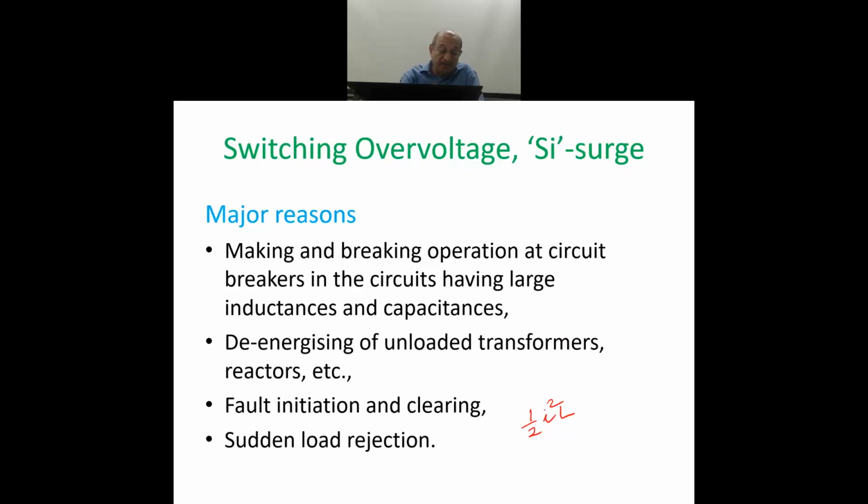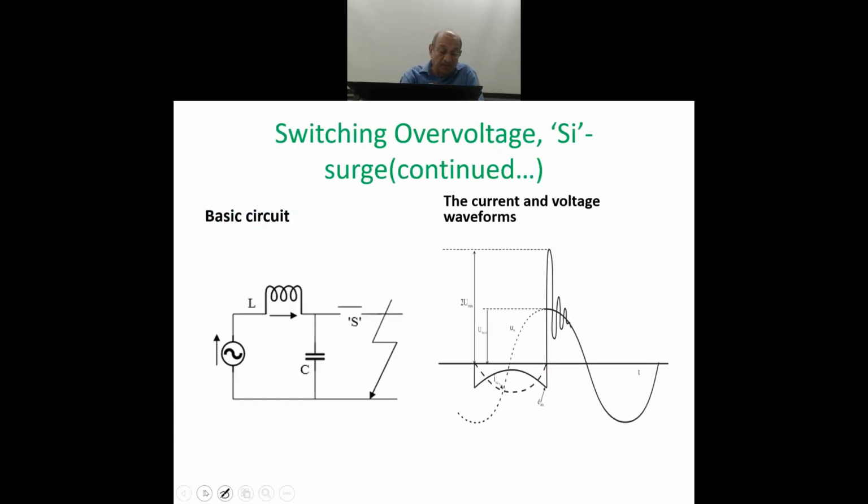And whenever we open, as you can see here, there is inductance in the circuit, there is capacitance in the circuit. At this instant, we are not bothered about the resistance because we have taken into consideration some current, some voltage generated there.